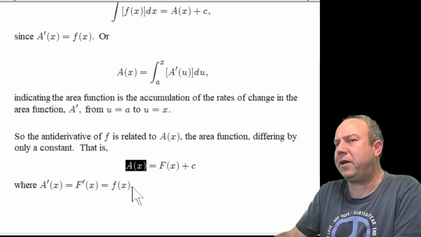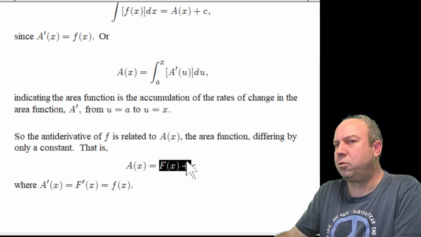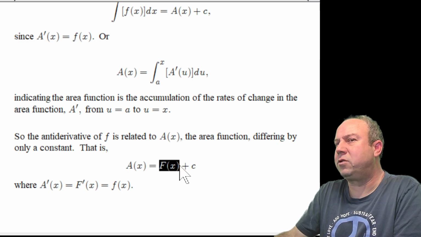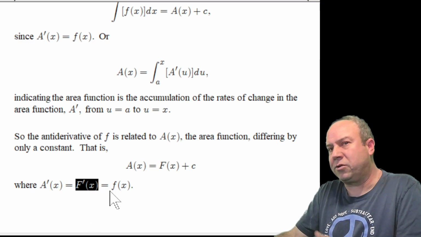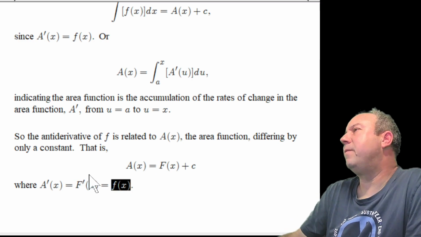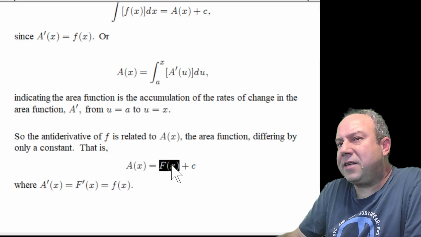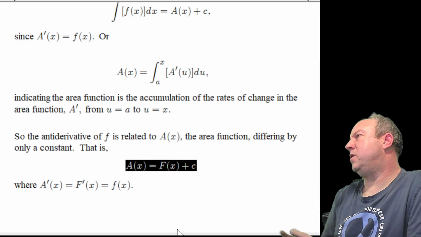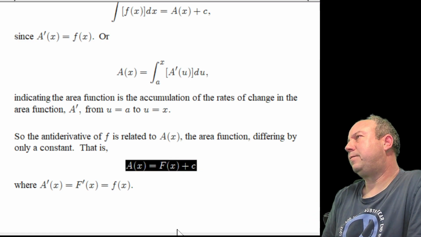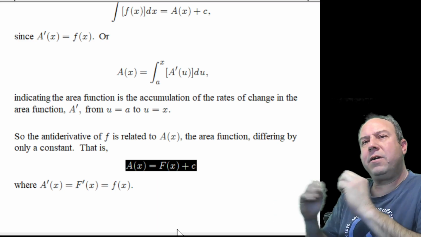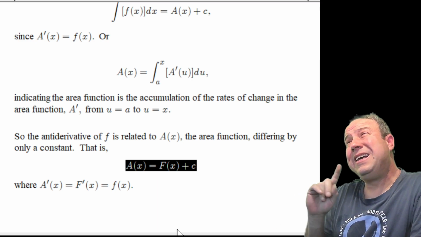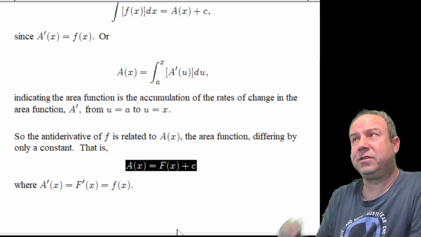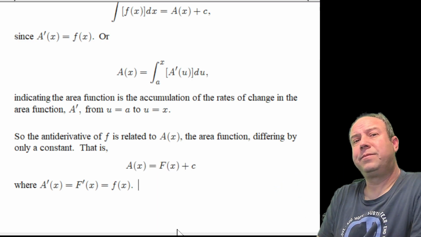Right? When we think about the area function and what would truly be the antiderivative of f, which we understand has also been denoted as cap F, because cap F's first derivative would also equal little f, has both A of x and cap F differing by no more than just a constant. Right? They are the same in value, except for a small constant difference. All right?